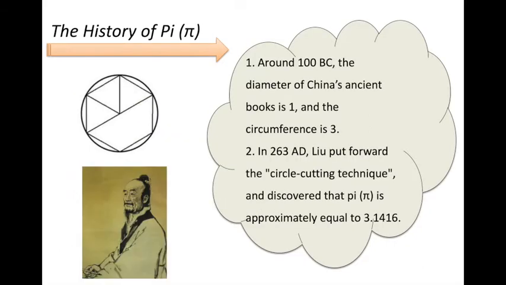In order to guide students to get a deeper understanding of the development history of pi, students are required to explore the diameter and circumference in China's ancient books. It is said that around 100 BC, in China's ancient books the diameter was 1 and the circumference was 3.